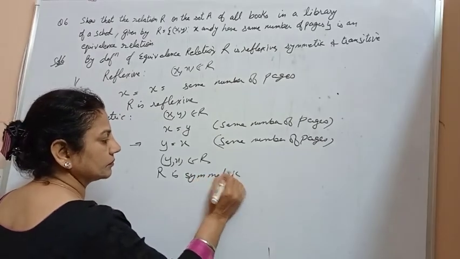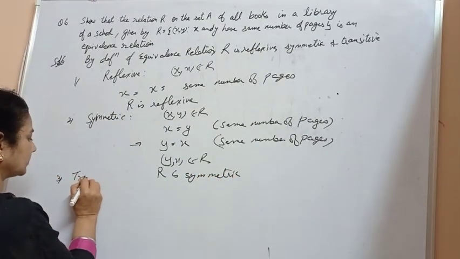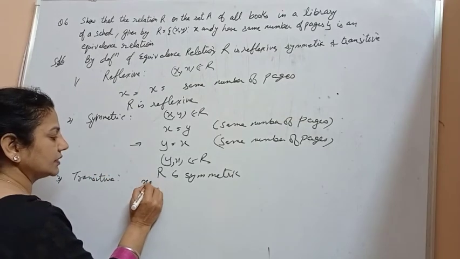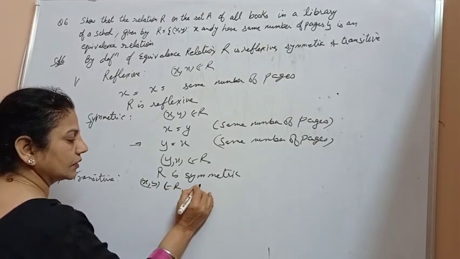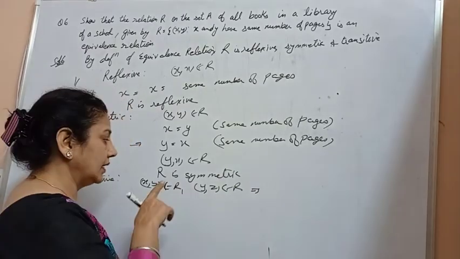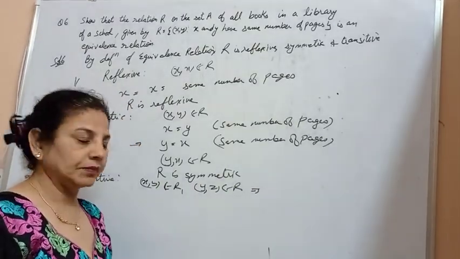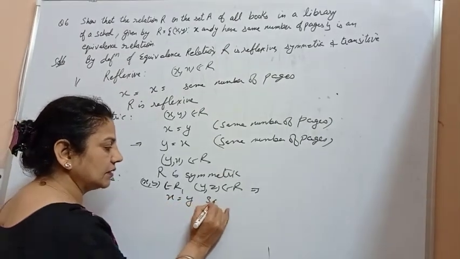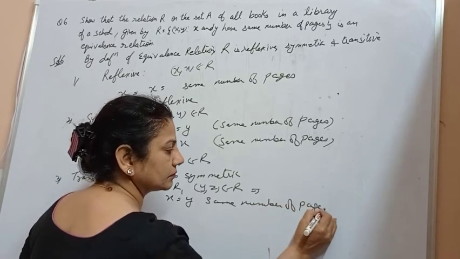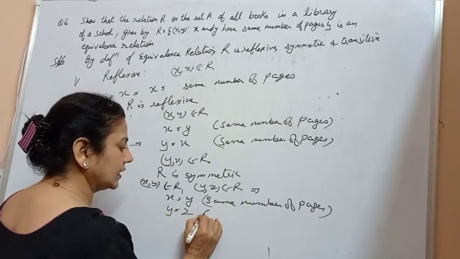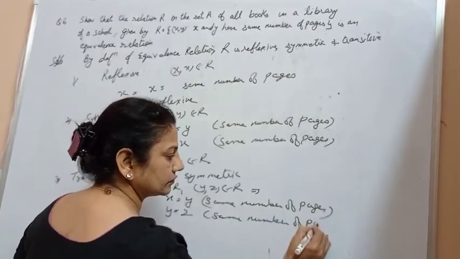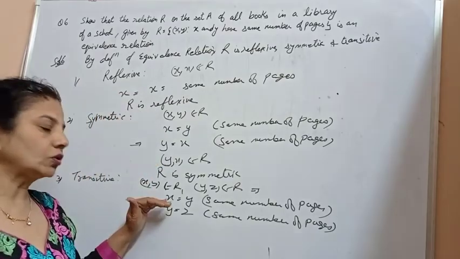For transitive, I will take a third book. (x, y) belongs to R, (y, z) belongs to R, implies we prove that (x, z) also belongs to R. So X is equal to Y, same number of pages. Y is equal to Z, same number of pages. Now see, X is equal to Y, maths and chemistry.